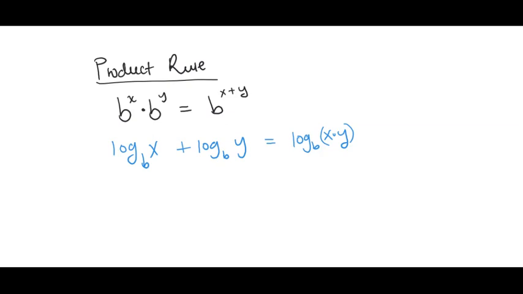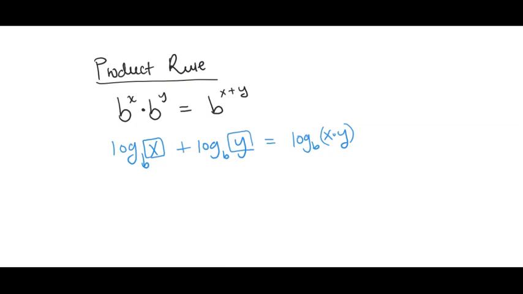So when we're thinking about exponents, it's almost like the multiplication becomes addition. When we're thinking about logs, if I'm adding together two logs with the same base, we can think about that as the log of the product, x times y.